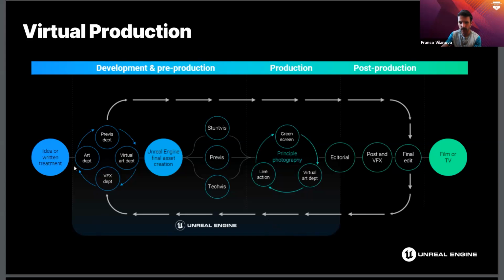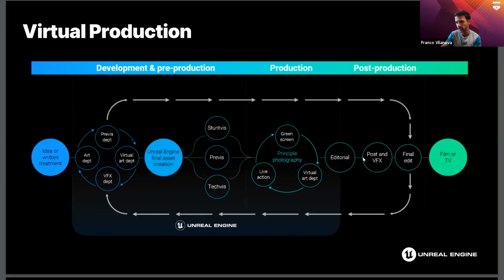So Unreal can go from VFX and previous department to even working with green screen live action, as we've seen in LED walls, and editorial, which we can use Unreal as our final pixel editorial tool. It doesn't just have to go out to a post, but we could.